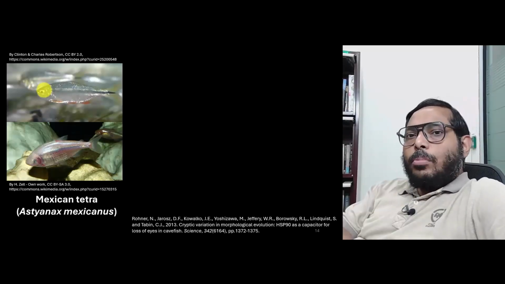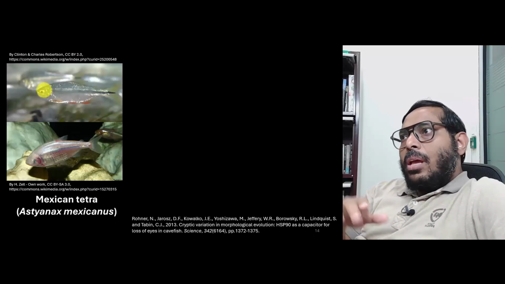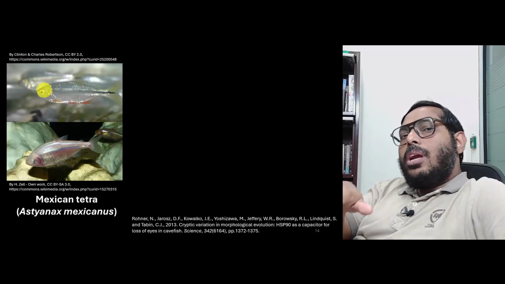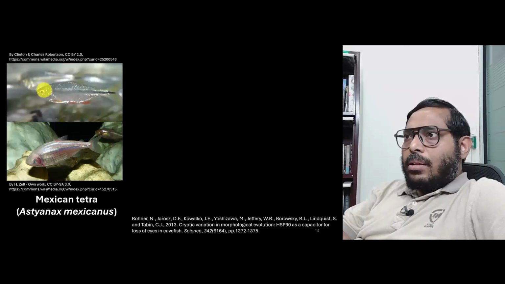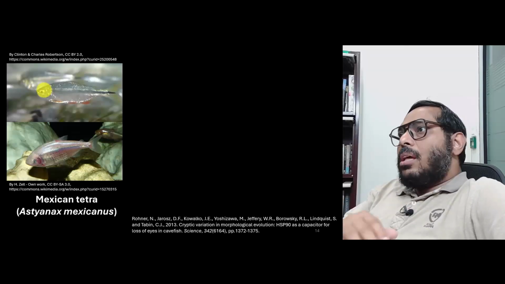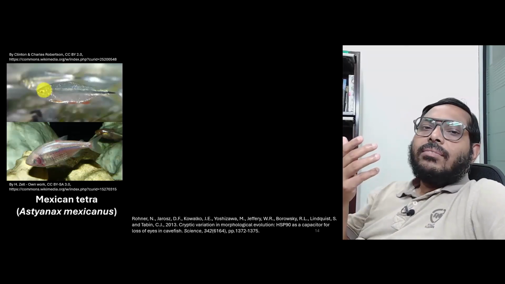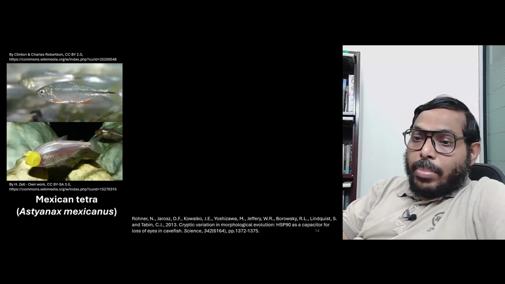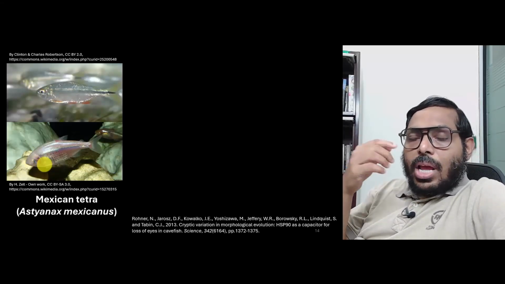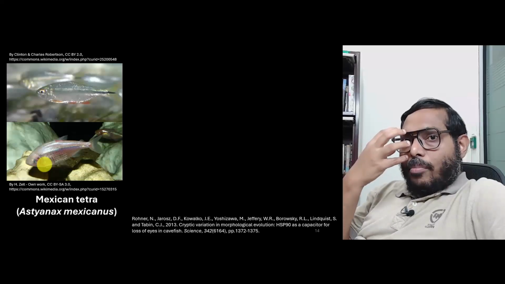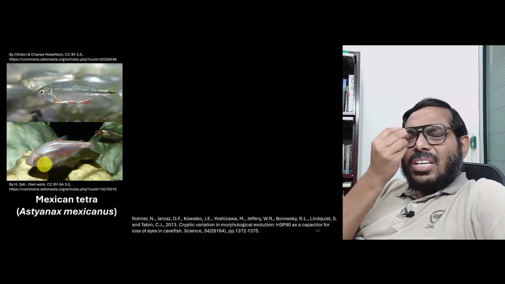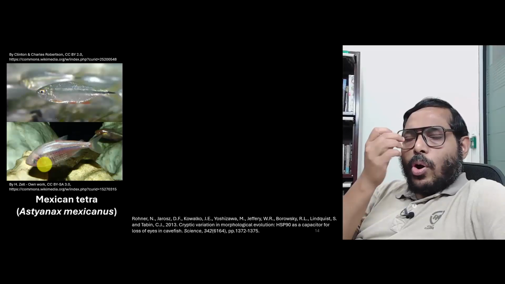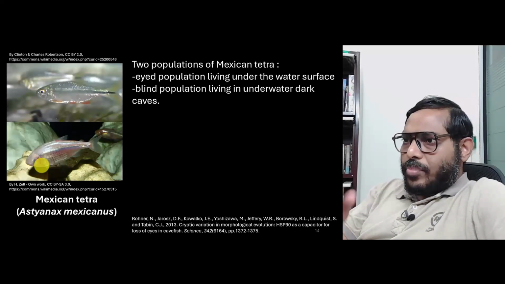But some populations of the species tend to migrate into underwater dark caves, and when they do that, in multiple cases they lose their eyes very fast and become blind. Can you see over here that there are no eyes? Not only are there no eyes, but the orbit of the eye shrinks and becomes either like a point or is lost completely.